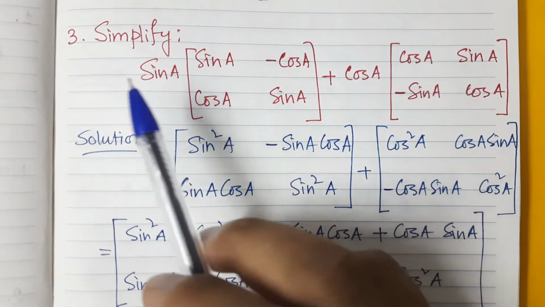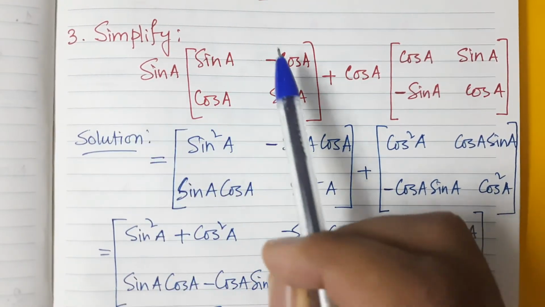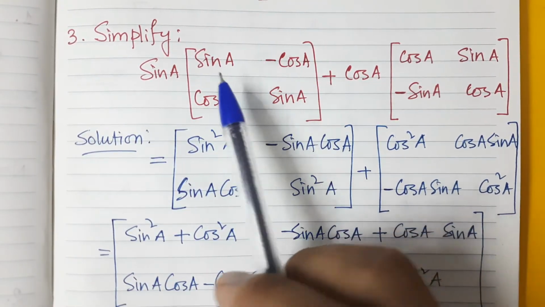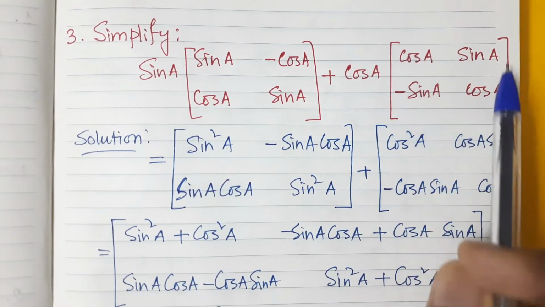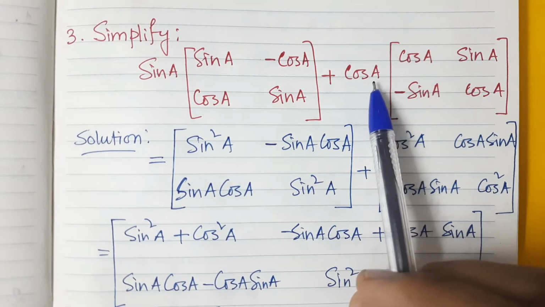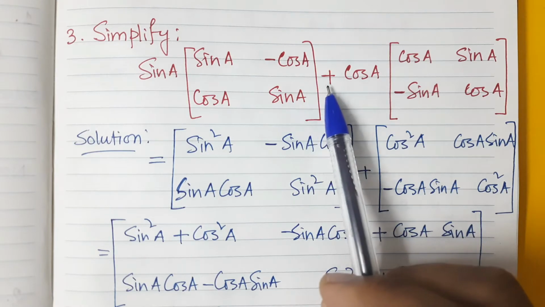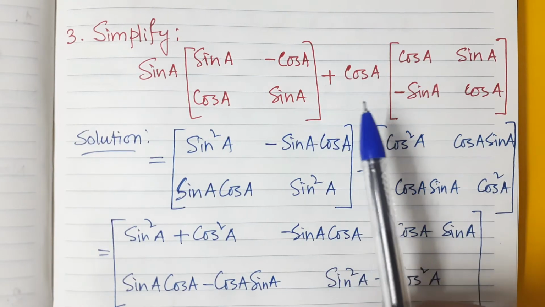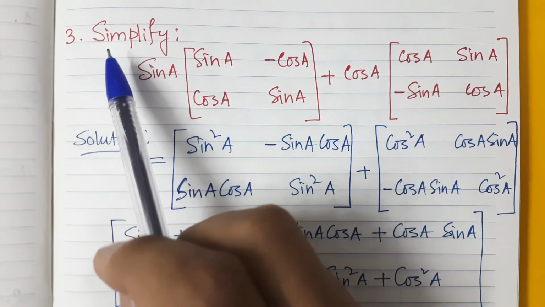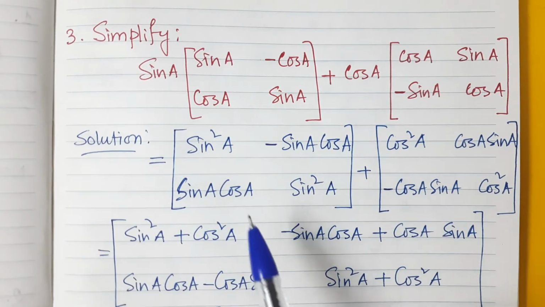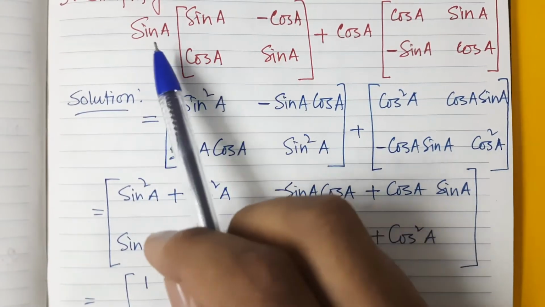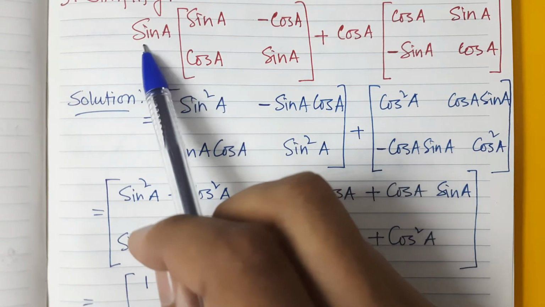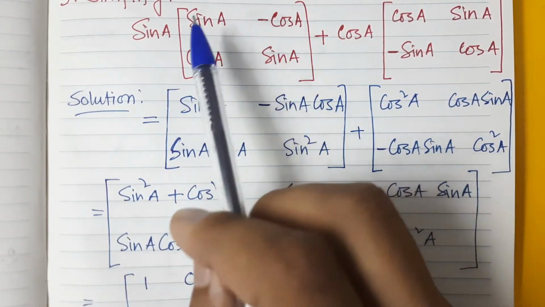Now this is problem number 3. Here this matrix is multiplied by sin A and this matrix is multiplied by cos A, and then we need to add them. So this is the problem where you need to simplify. So you just multiply first. So sin A into every element of this matrix.